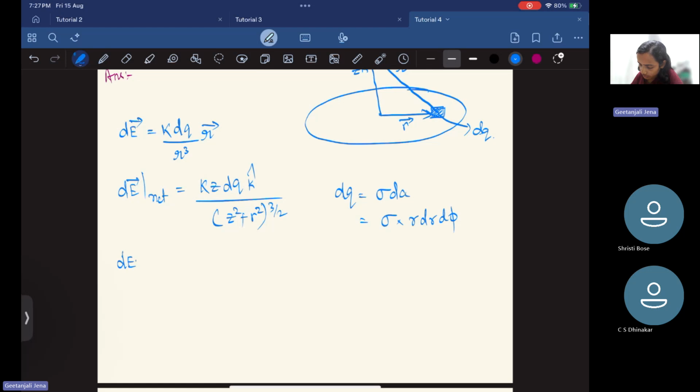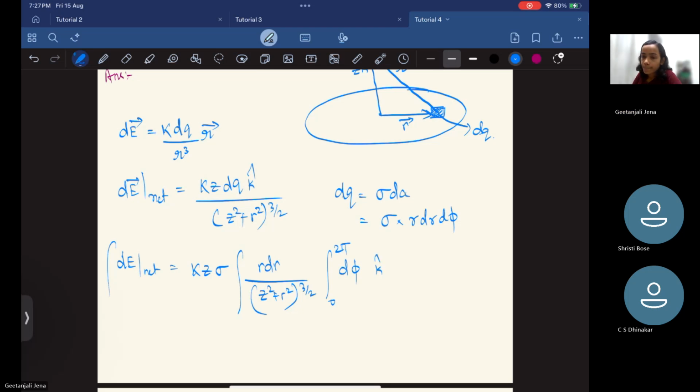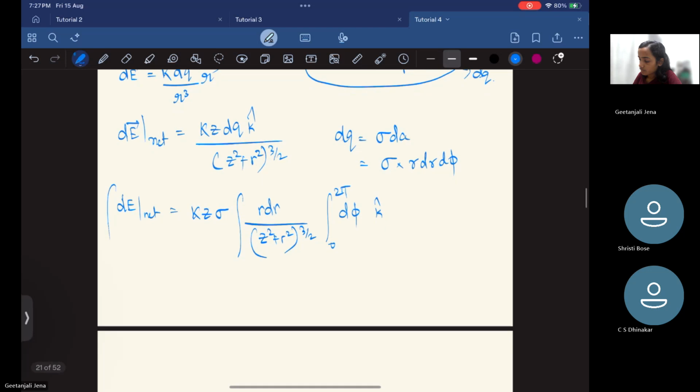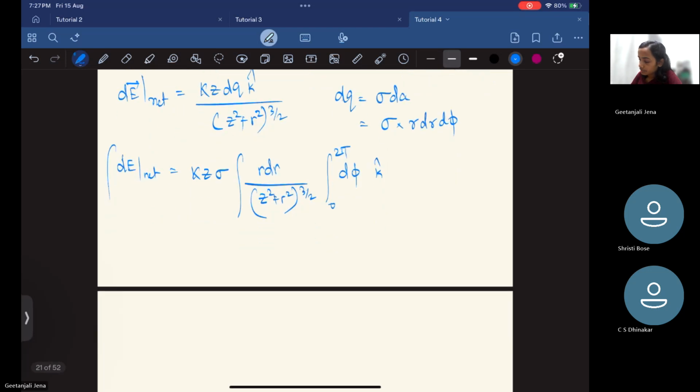So dE net will be k z sigma, integration of r dr by z square plus r square to the power 3 by 2, times the integration of d phi from 0 to 2 pi k cap. I think this is what we have seen before also.